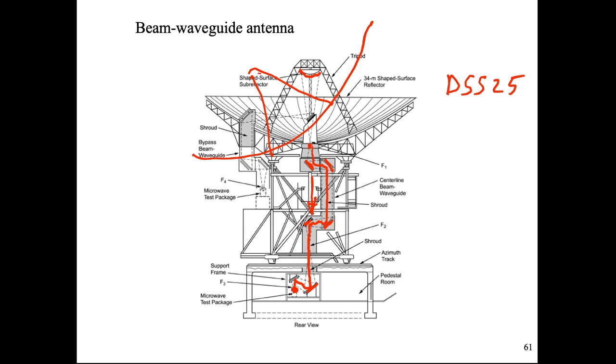This mount ensures that you can track at every position. For example, this mirror and this mirror, these two mirrors, rotate rigidly along the azimuth axis, but they rotate around this axis, out of the plane of the computer, when you change the elevation.